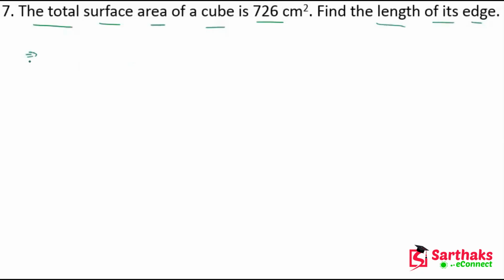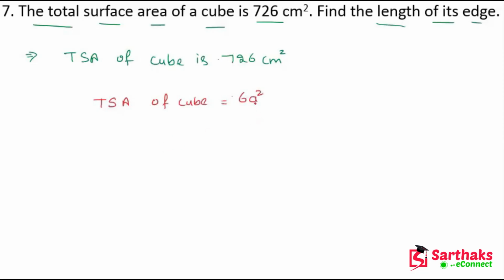Here we know that TSA of the cube is 726 centimeter square, this is given. And TSA of the cube is 6a square, where a is the edge of the cube.